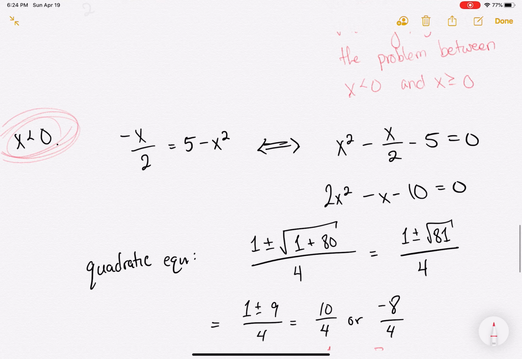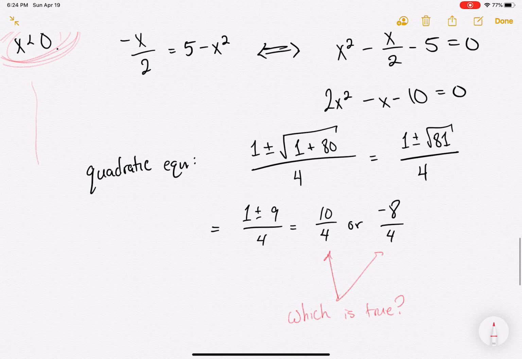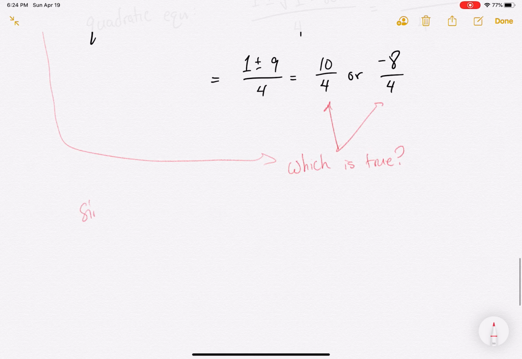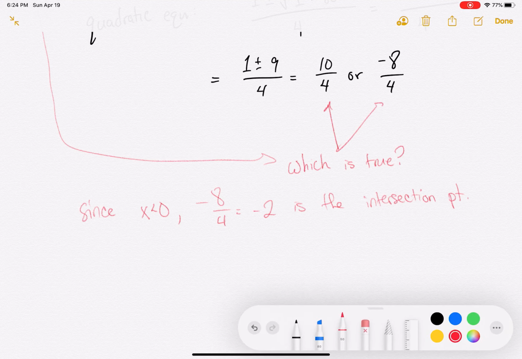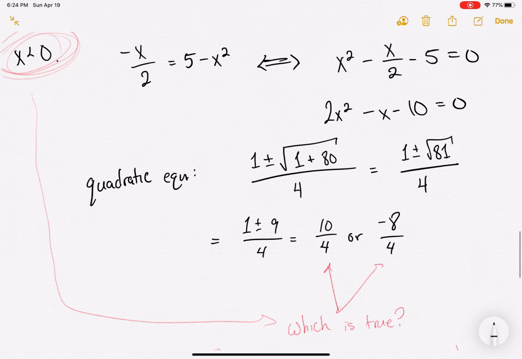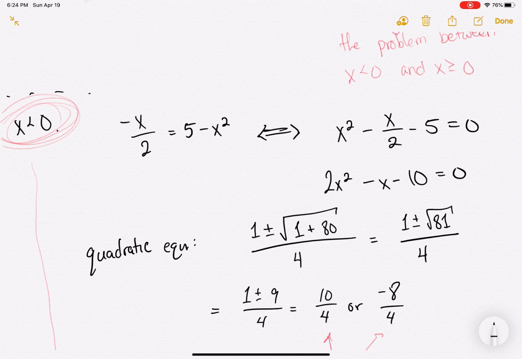Heyo. x is less than 0. Since x is less than 0, it's -8/4, which is -2, is the intersection point. There you go. So one intersection point is -2, and then we do this x greater than 0.